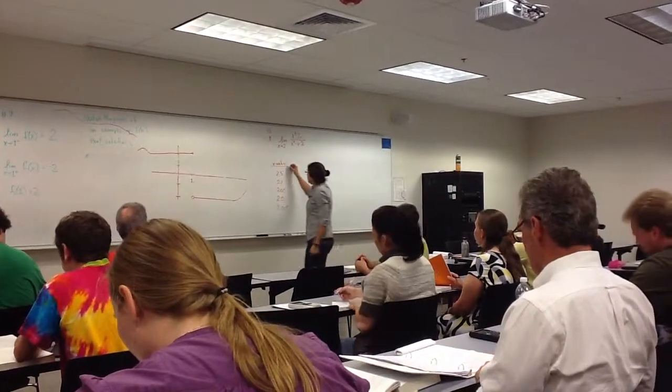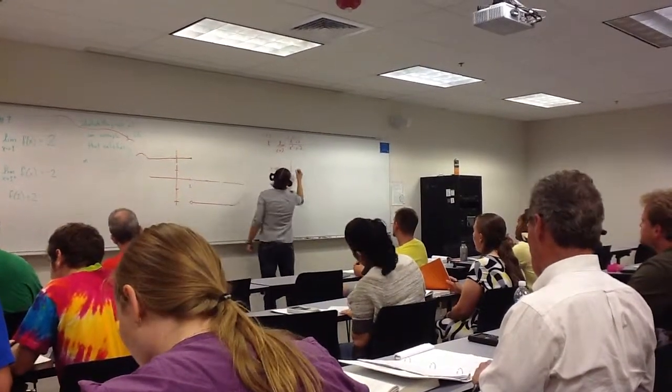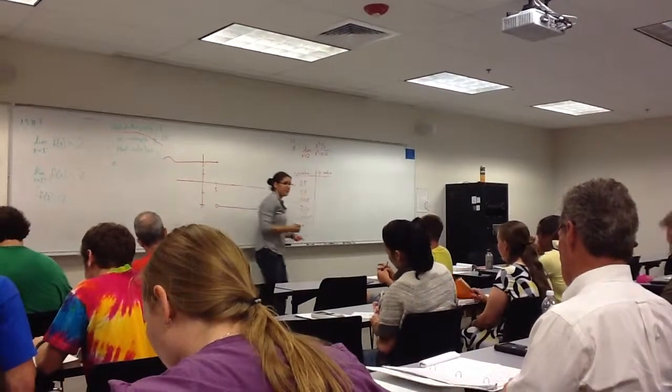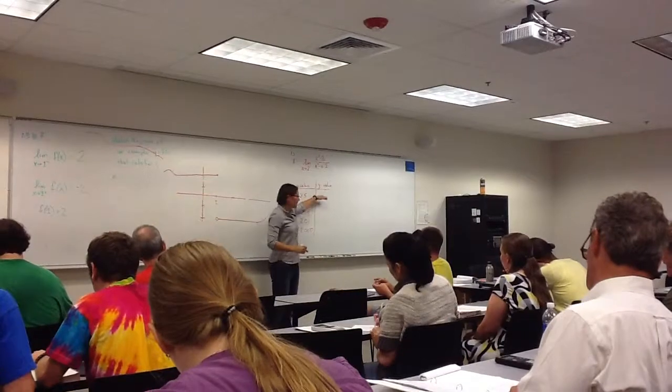And so if we can make a chart here and have the x value and then have a specific y value on the right side, we can see what's happening with these y values.